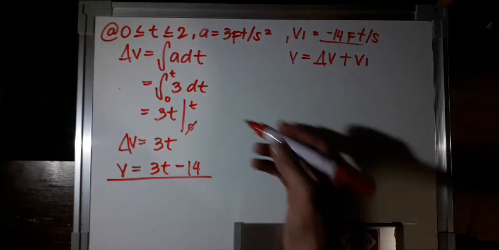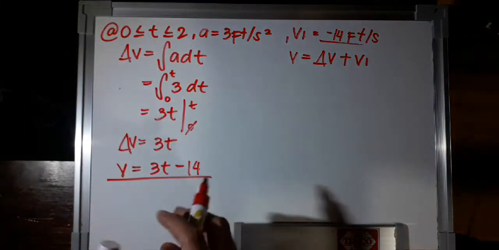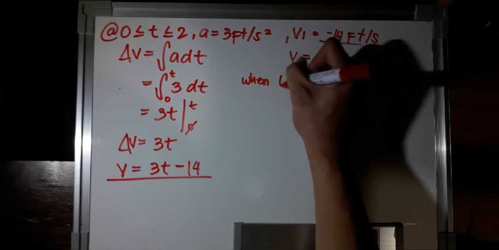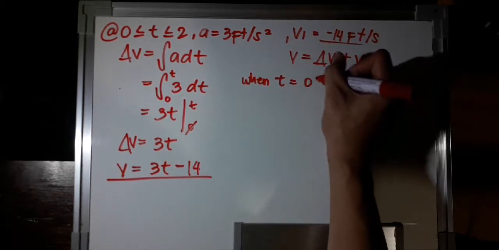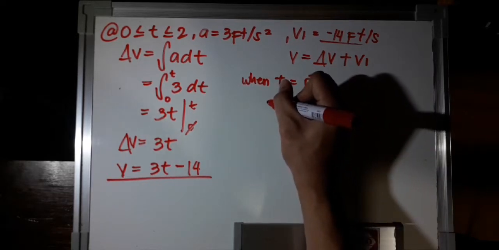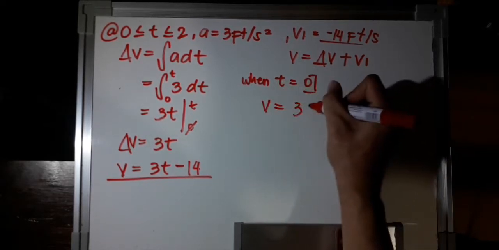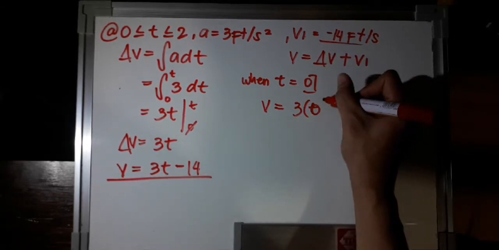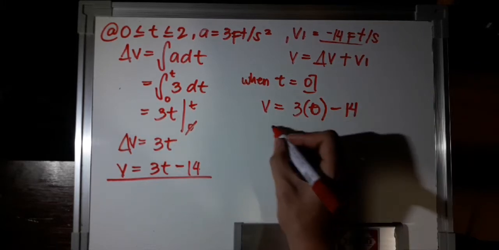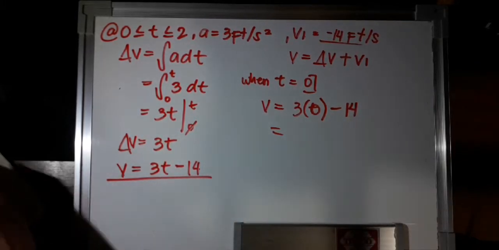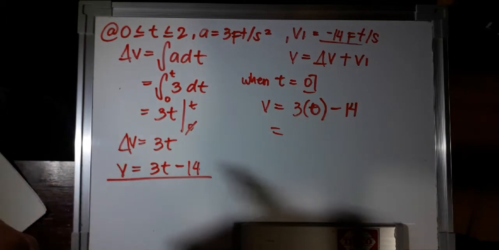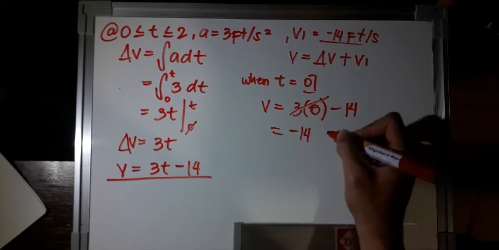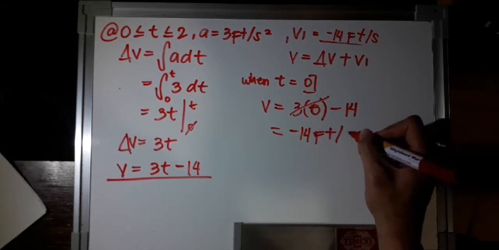The next thing that we are going to do is substitute the given values of time. When time is equal to 0, then velocity is equal to 3 times the value of t, which is 0, minus 14. So 3 multiplied by 0 is 0, so negative 14 feet per second.